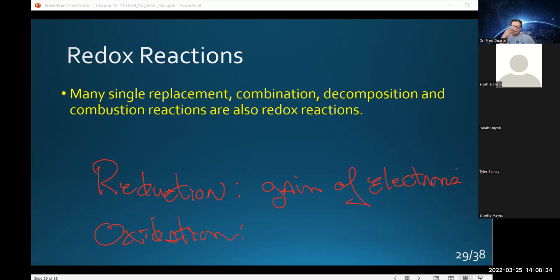I say a metal because that's the majority of the time, but I should put it in generic terms: when a compound gains electrons, we call that reduction. When a compound loses electrons, we call that oxidation.